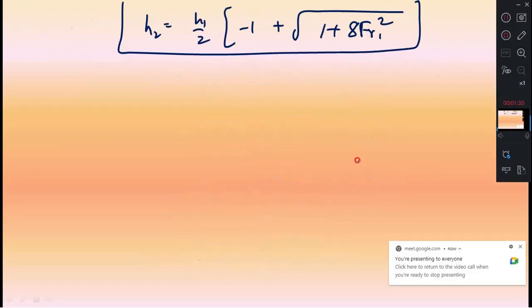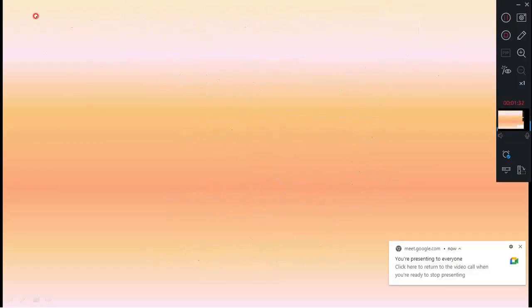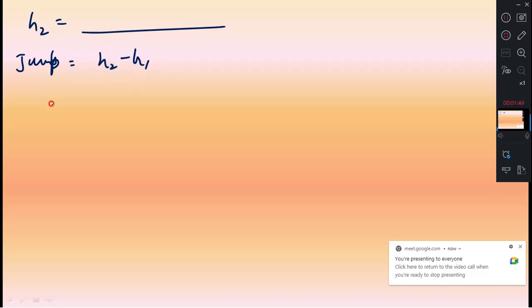Today we will have this much only. We derived in hydraulic jump equations the H2 formula, the jump height equal to H2 minus H1, and then the HL formula, which we derived today, and H2 you can express in terms of Fr.